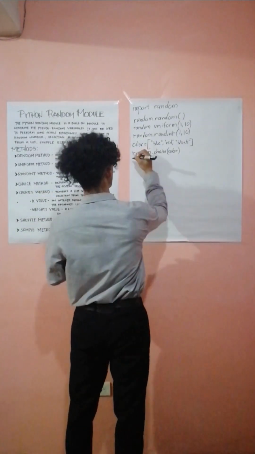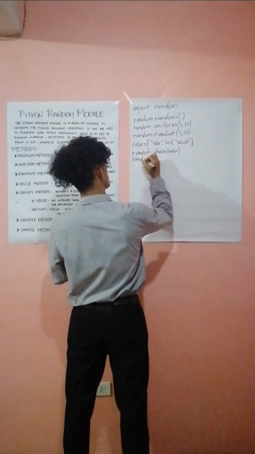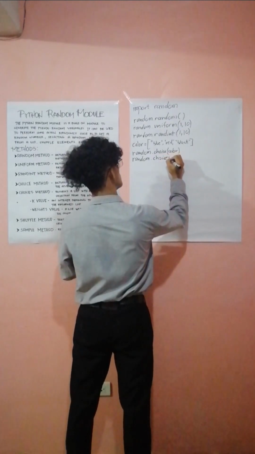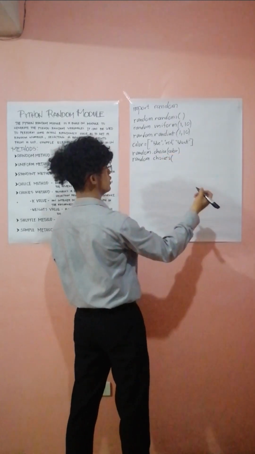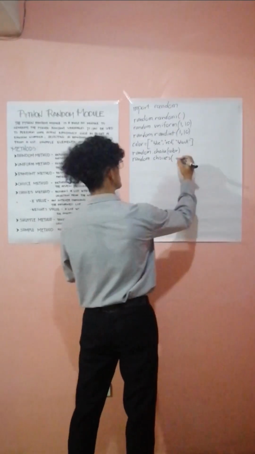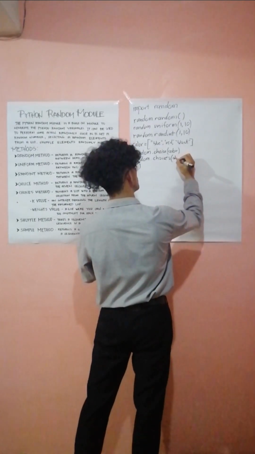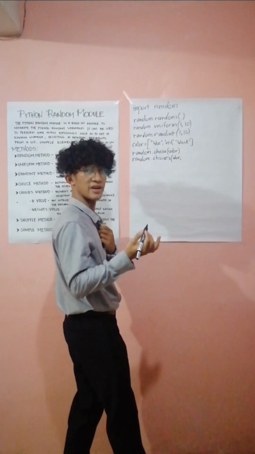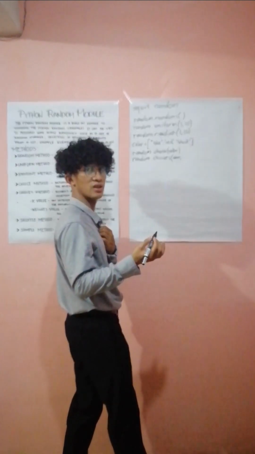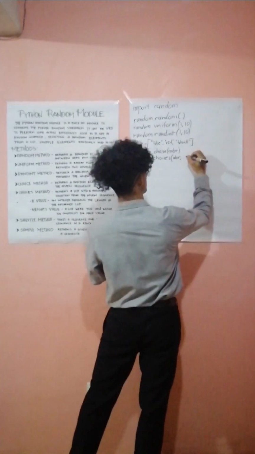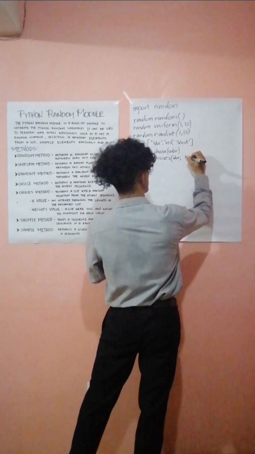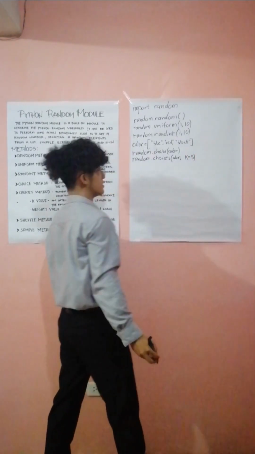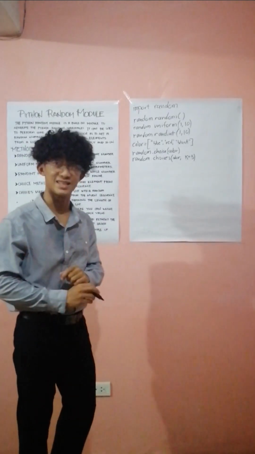So how do we declare it? Just like random dot choices, and inside the parentheses we will put the name of the list, which is color, and we will declare how many times we call the list. So for example, I will call 5. So k, we will discuss it later.